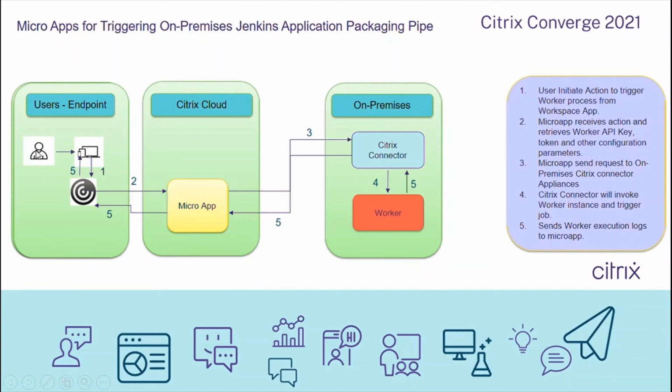The user initiates an action to trigger the worker process from the workspace. The micro app receives the action and worker API key, token, and other configuration parameters, and sends a request to the on-premises Citrix connector appliances. The Citrix connector appliances will invoke the worker instance and trigger the job, and send worker execution logs to the micro app. Let's move on to the next slide.